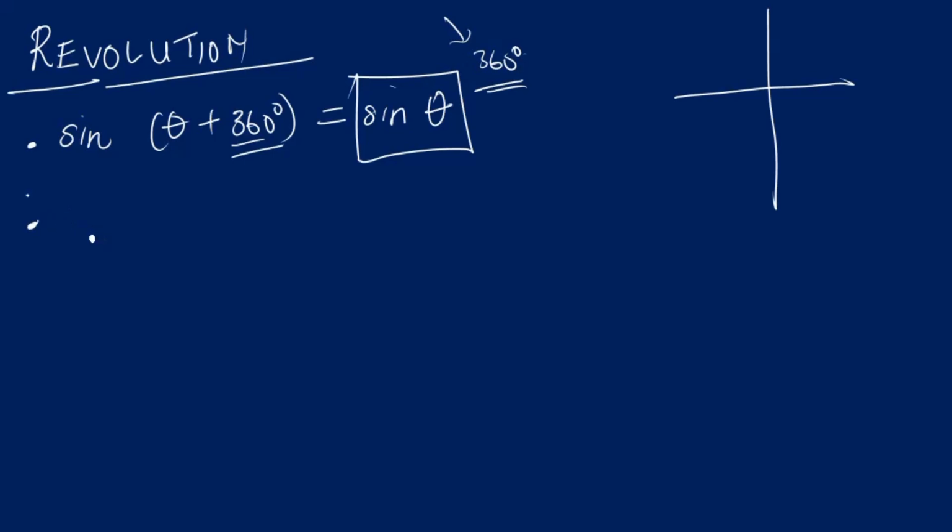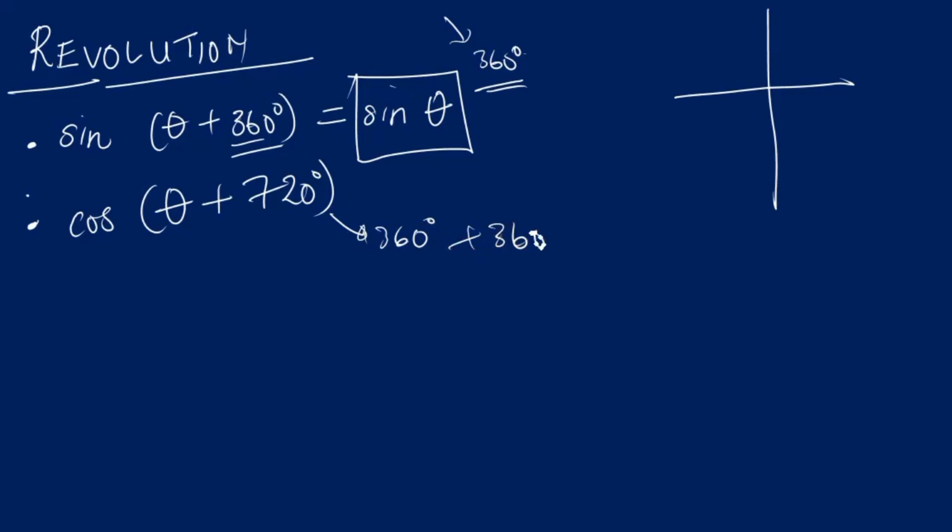So let's say again we have the cosine of theta plus 720 degrees, right? What is 720 degrees? This is the same as 360 degrees plus 360 degrees, right? So which means I'm making the first revolution, boom, then the second revolution, boom, and then I move theta.